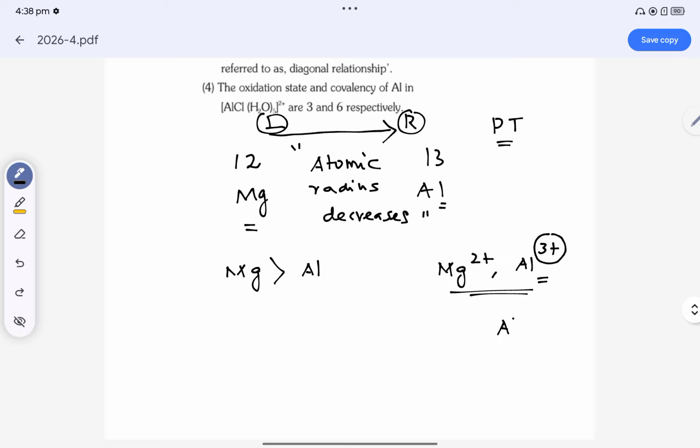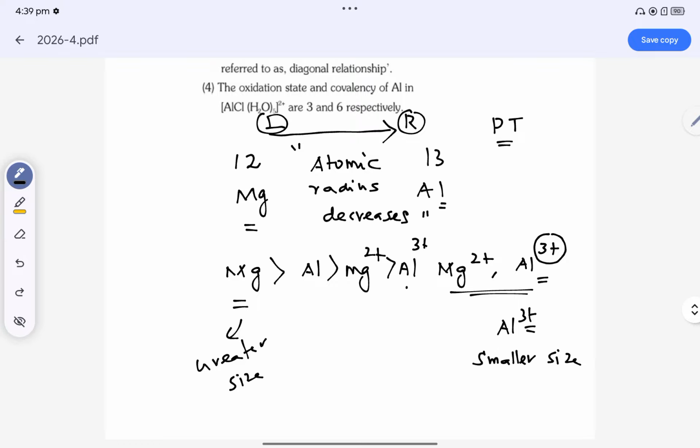So Al3+ is the smallest in size because of higher effective nuclear charge. Right, my dear students? So here I am writing Mg2+ and Al3+. Mg2+ is greater in size, and Al3+ is smaller in size.